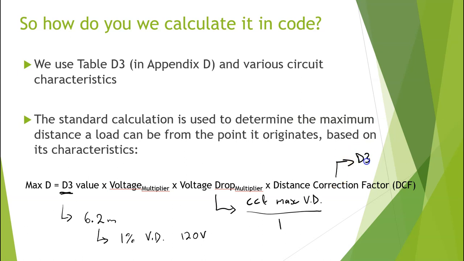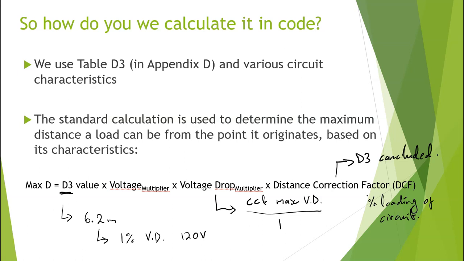Now the last value in this chain is our distance correction factor, and the distance correction factor is taken from table D3 concluded, and it's based upon a couple of different factors. One is the percentage loading of the circuit, and so we know that each AWG size of conductor for copper and for aluminum has a maximum allowable ampacity, and our actual load ampacity will be compared to the maximum allowable ampacity for the conductor size we're dealing with to determine a percentage loading on that conductor.